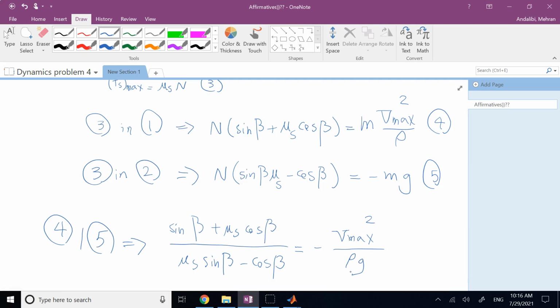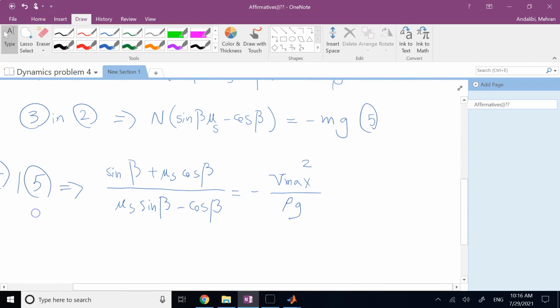so now here, before I find beta as a function of Vmax, mu s, and rho, I would like to take a look at what happens for different beta angles. If I have mu s as the number given here, 0.4, and rho to be 60, what is going to be the value calculated for Vmax? Okay, so what's going to happen to Vmax if I change beta from 0 to, let's say, for example, 15 degrees, 20 degrees or so, correct?